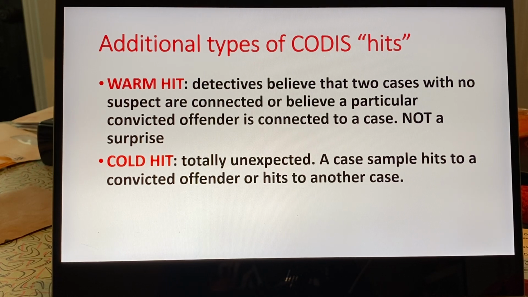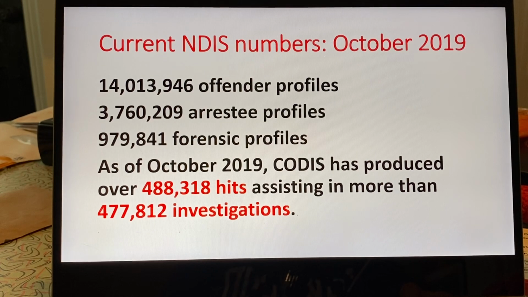Maybe it's a cold case. Maybe it's a cold case murder. So the cold hit, totally unexpected. And this is where DNA actually can solve crimes. And it shows kind of the power of that system because there was no idea that cases are connected or that this particular offender was involved in this. And boop, now you have a cold hit that shows that that is actually the indication.